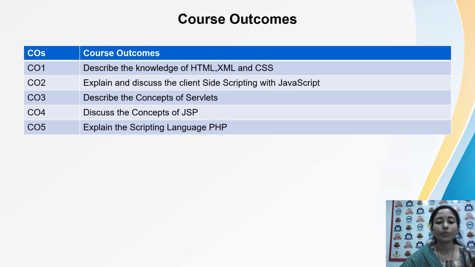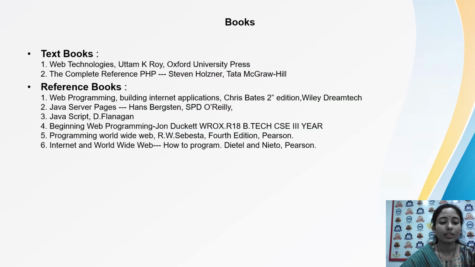From unit number 4, students should be able to understand concept of JSP. From unit number 5, students should be able to understand scripting language PHP. This is all about your COs. Basically, there are 5 COs which we are going to discuss in our syllabus.